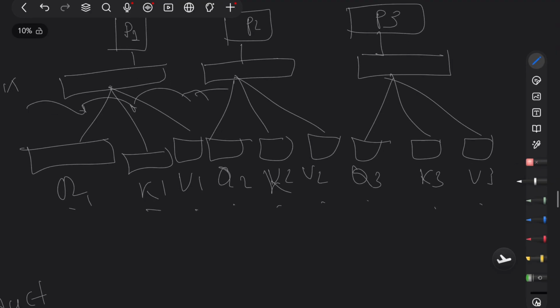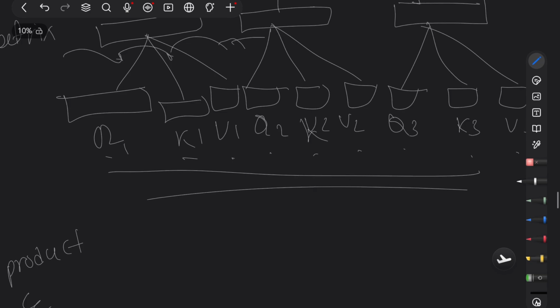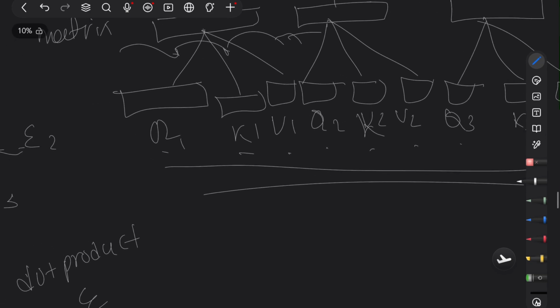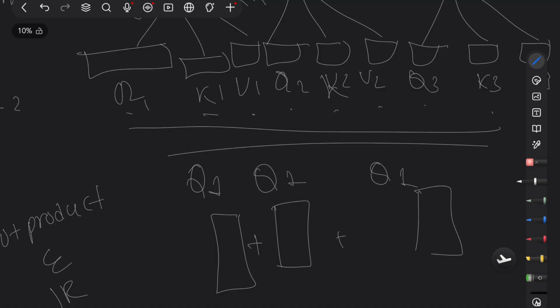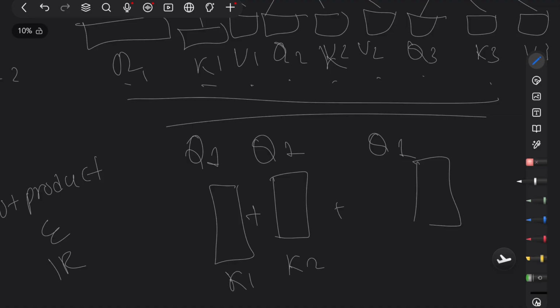Okay, so I was explaining like here. Let's get back to this image. I will explain how we use that softmax properly. If q1 is this, it would be something like this, right? K1, K2, K3. There would be a matrix V1, V2, V3 like this.